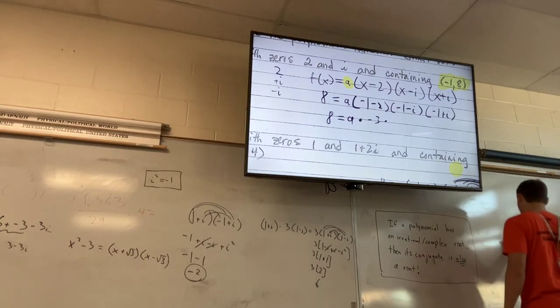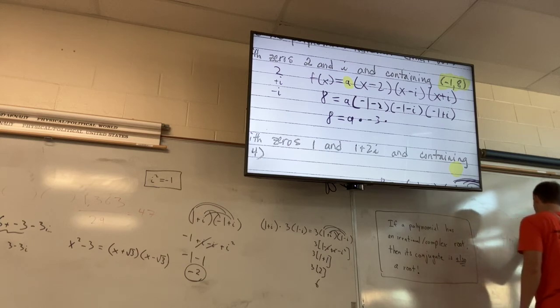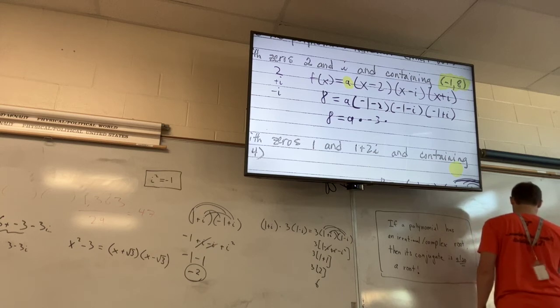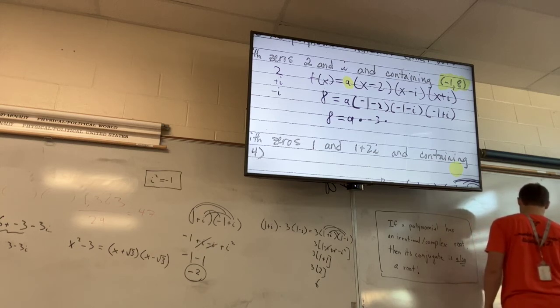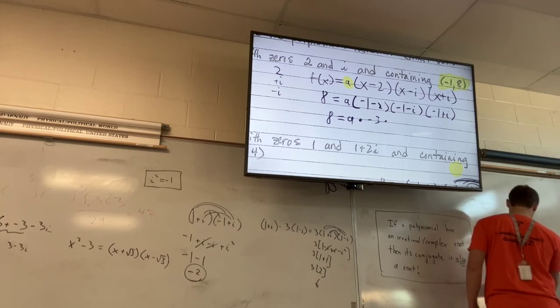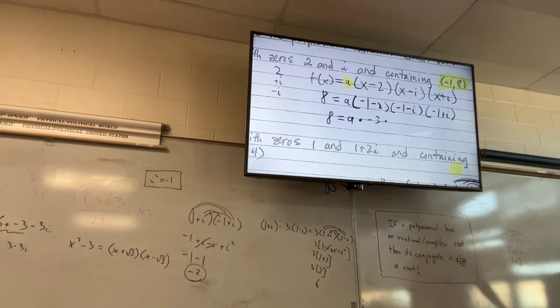So negative 1 plus i and negative 1 minus i is first, outer, inner, last, minus i squared. These two cancel, minus i squared is the same as plus 1, so that gives me 2. So 8 equals negative 6a, or a equals negative 4 thirds. Good? Okay.